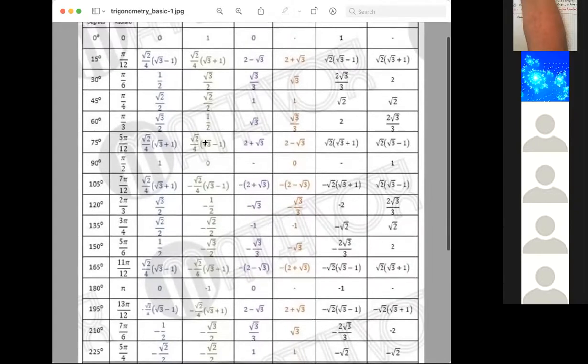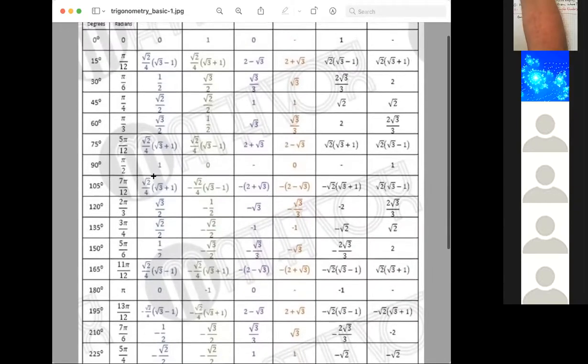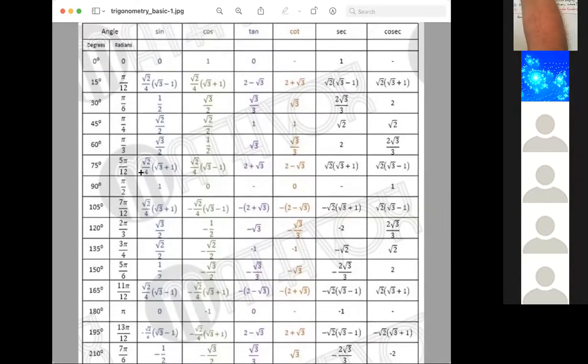The watermark on the back says math box. And this is the exact values of sine and cosine and tangent and cotangent and secant and cosecant for every 15 degrees. So it's kind of cute. I like it. It does match the ones that I gave you, even in the 15 degrees, root 6 minus root 2 over 4.